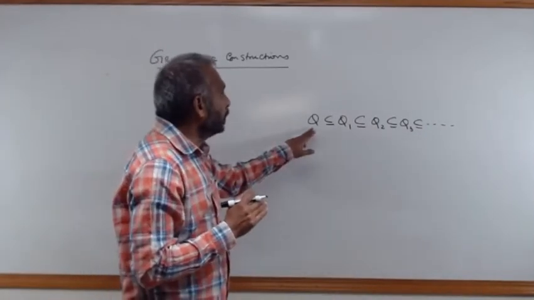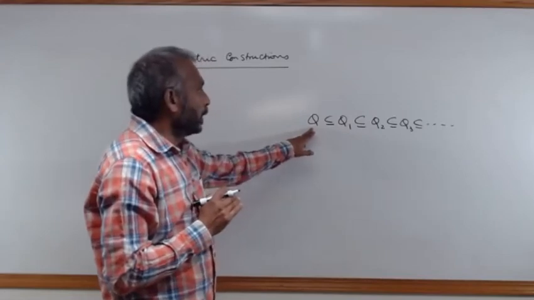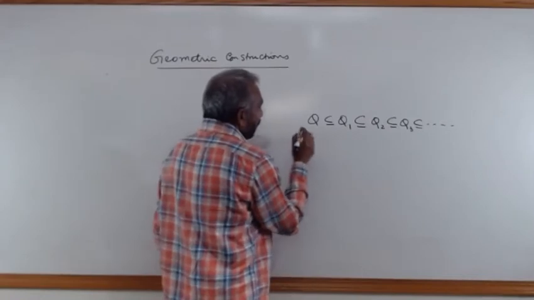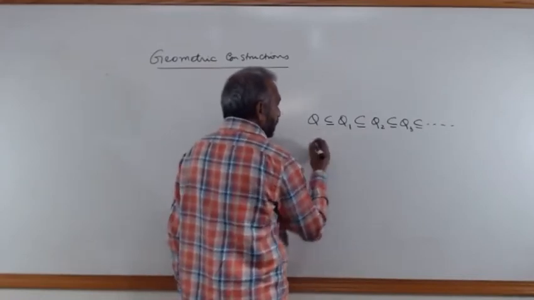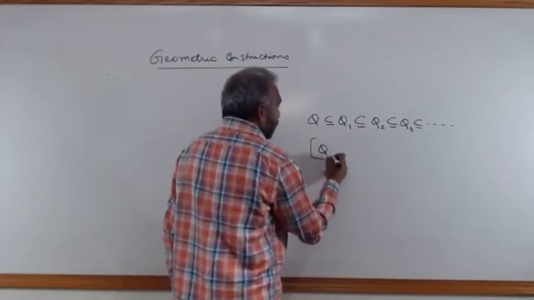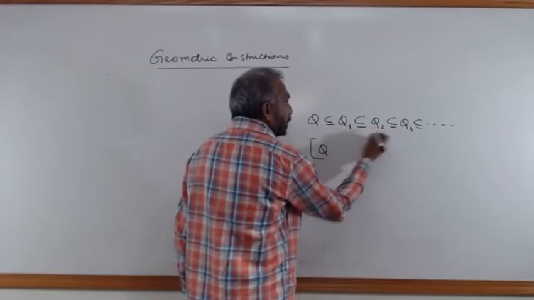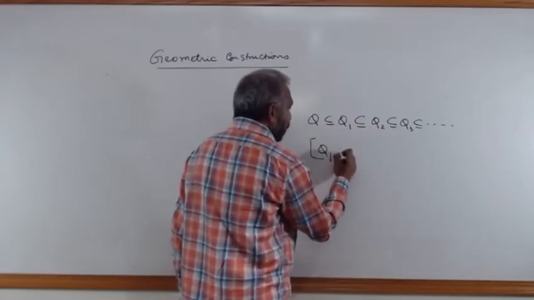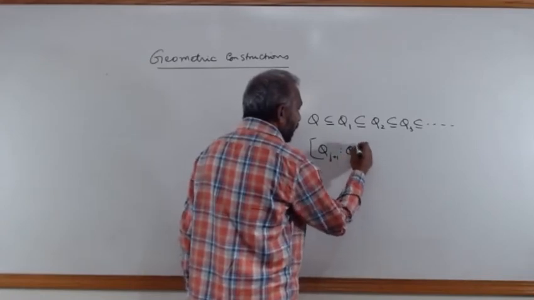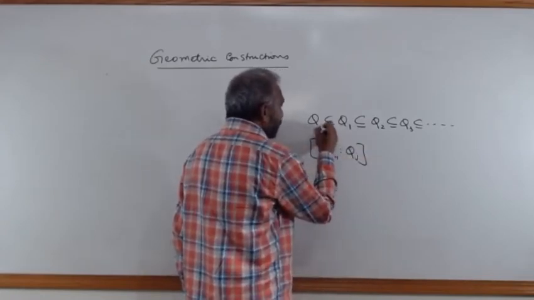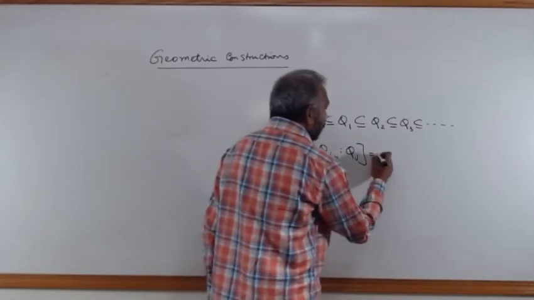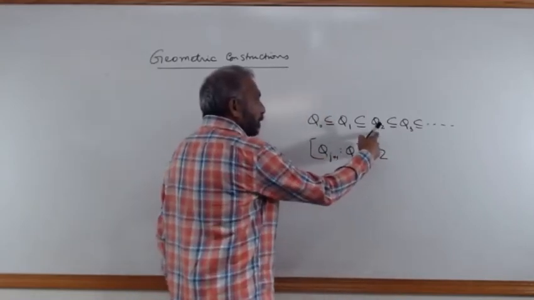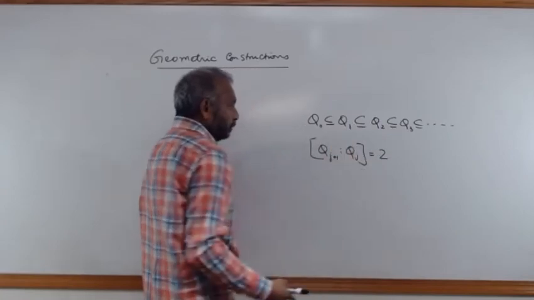The property of this sequence is, if you take any two adjacent extensions, like j plus 1 over j, starting with Q0, the degree is always 2.